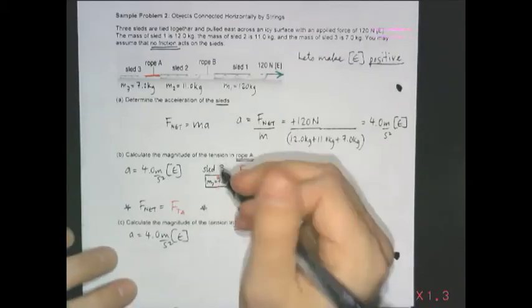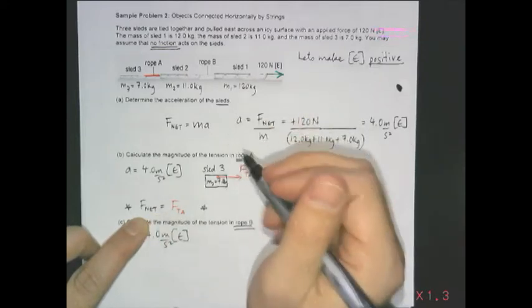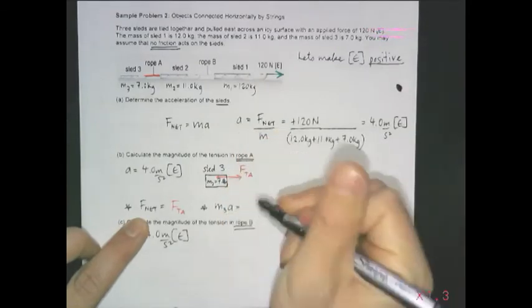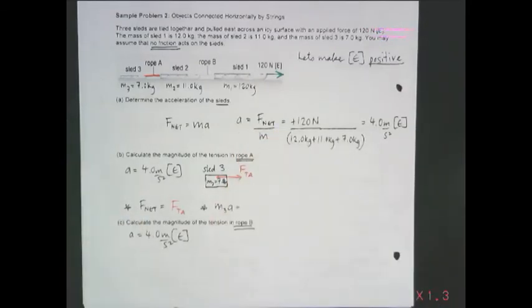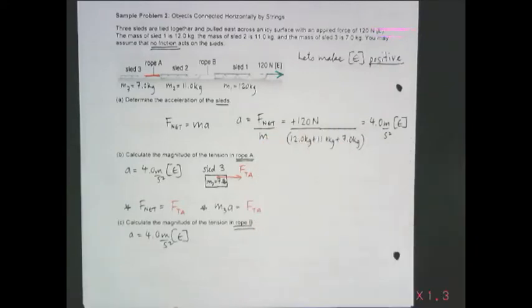The second step is to replace the term F net with the equation MA. So because this is sled 3, we're going to say M3A equals the force of tension A. So we have everything we need to solve for the tension in this rope.